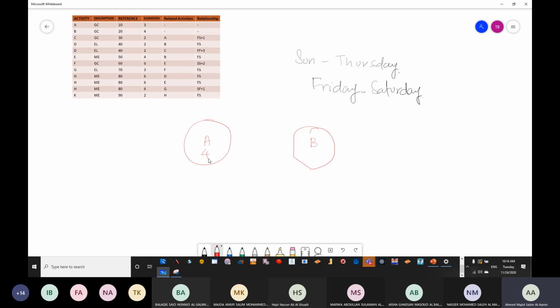Task number B is having, let's say, 3 days. So we used to calculate that this is going to be 0 to 4, and then this is going to be 4 to 7 now. Okay, 0 to 4, and then 4 to 7.